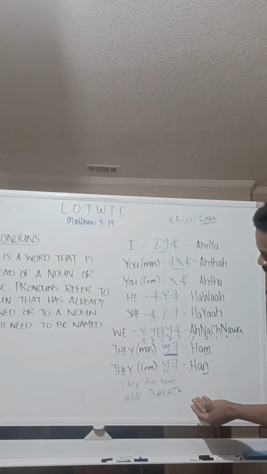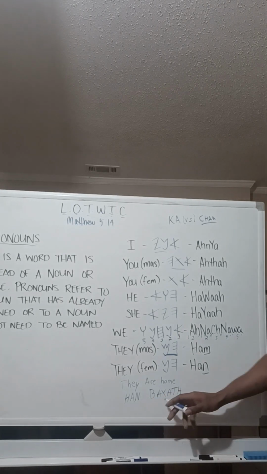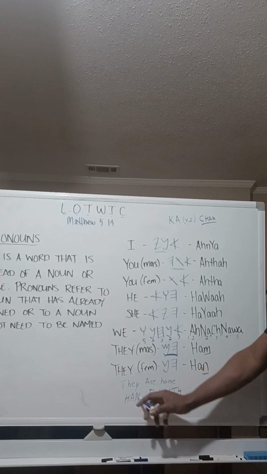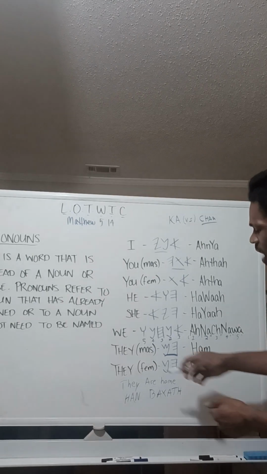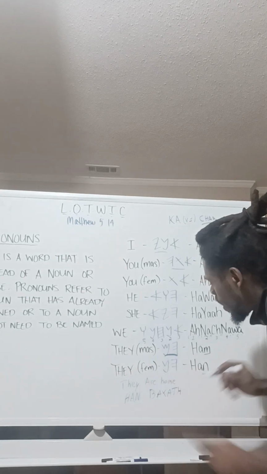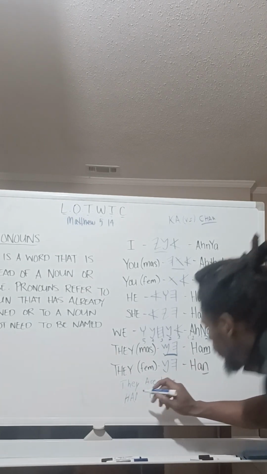They home. So Han Bayat. Bayat is house. They is Han. Is a female group that is home that I'm talking about. Now if it was a male group, I'll take that away and say Ham.